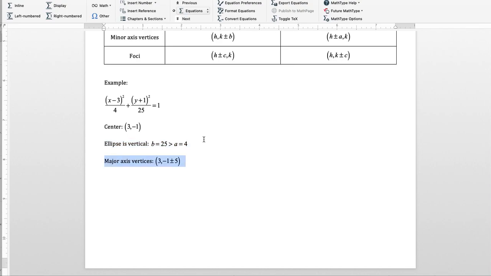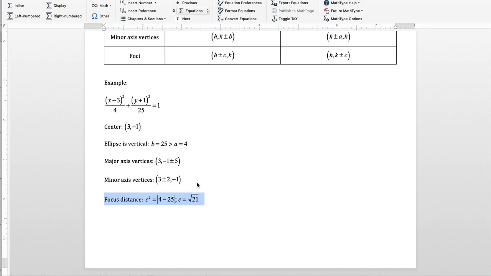Now we can find our major axis vertices. I take the center and I add the square root of 25 and subtract the square root of 25. So for the y value, negative 1 plus or minus 5. Our minor axis vertices are going to move left and right relative to the center. So I take the square root of 4, getting 2, 3 plus or minus 2. And last, we have our foci.